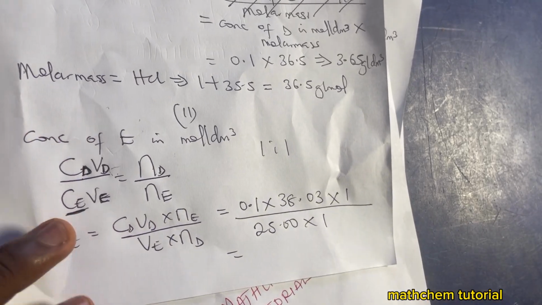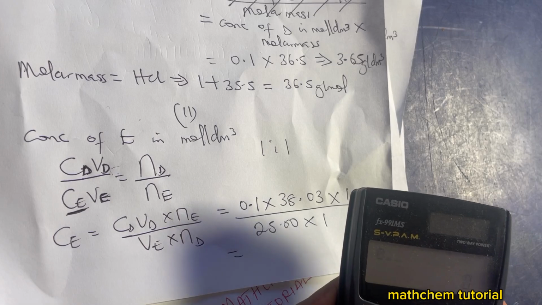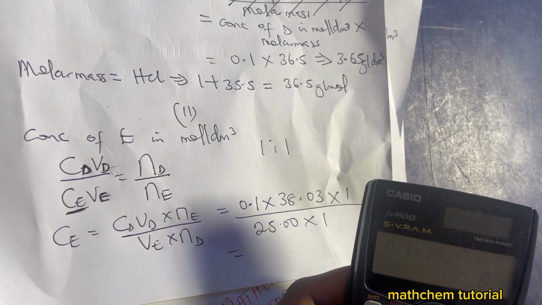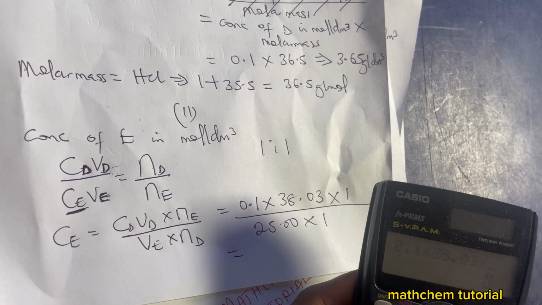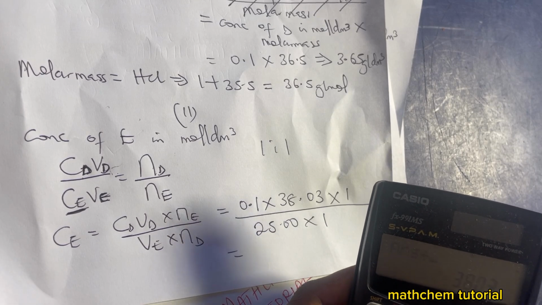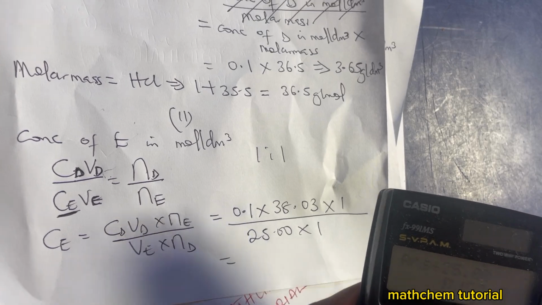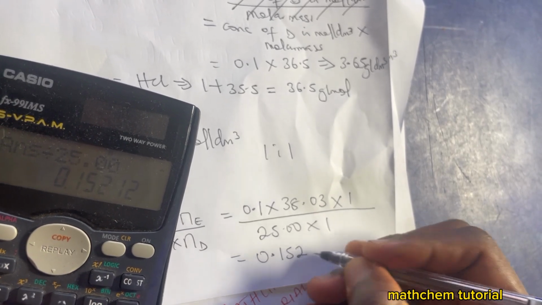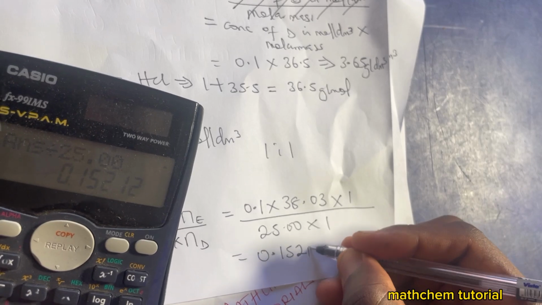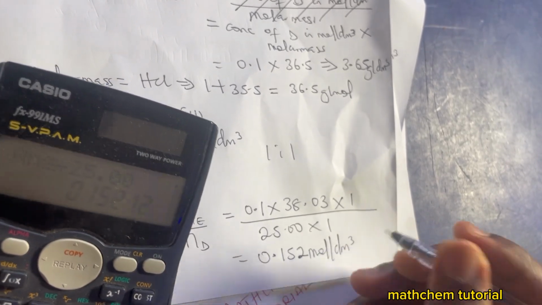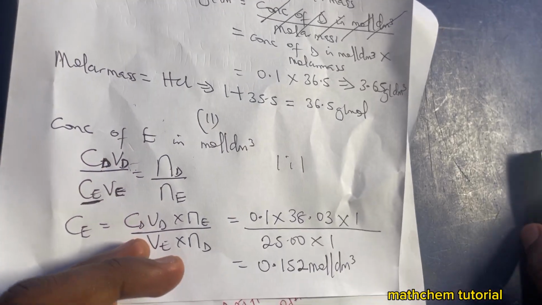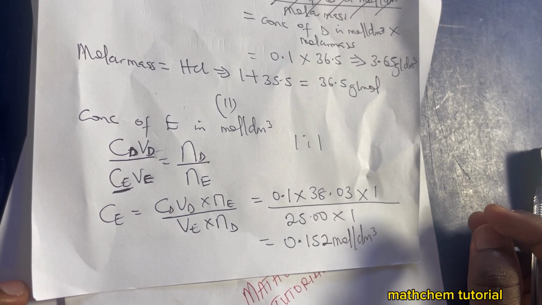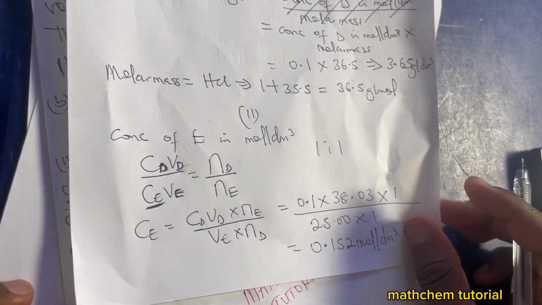Now let me do the calculation. So this will be 0.1 times 38.03 times 1 divided by 25.00. That gives me 0.152. Please put it in 3 significant figures: 0.152 mole per dm cube. Correct. So that is the concentration of E, that is the base, in mole per dm cube.